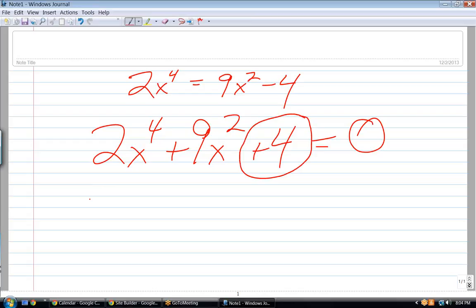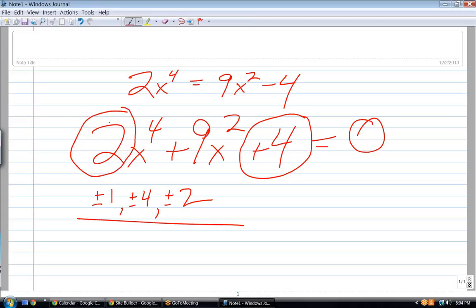So its numerator has to either be plus or minus 1, plus or minus 4, or plus or minus 2. Those are the only possibilities for a numerator. The possibilities for a denominator are all factors of that coefficient. Plus or minus 1, plus or minus 2.